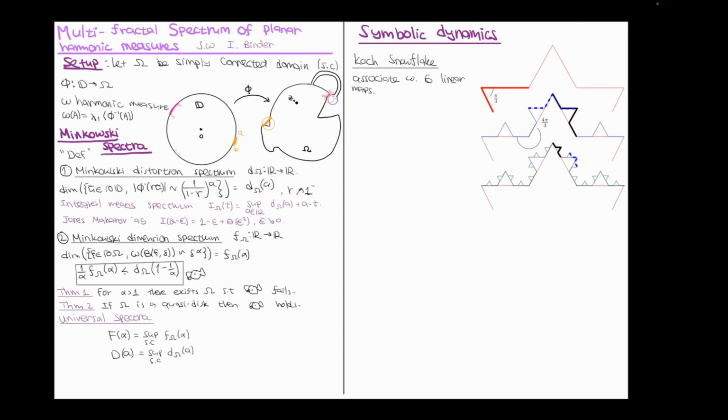Now, every map corresponds to some letter A in some alphabet. Then almost every point in my snowflake has an infinite word that describes it.